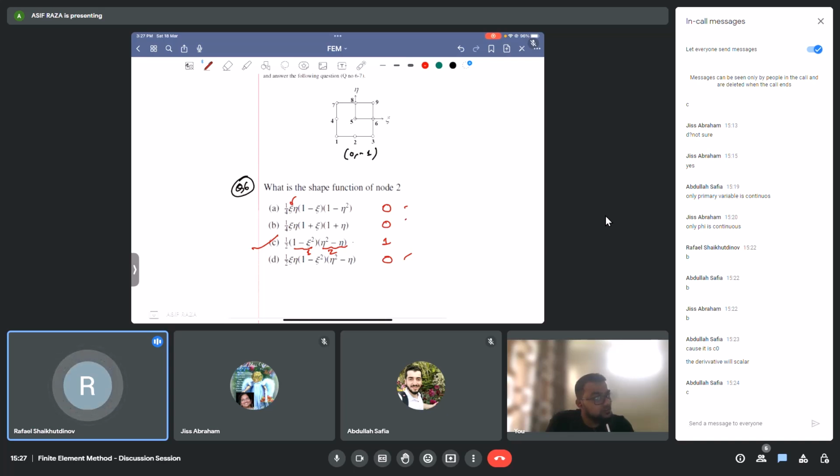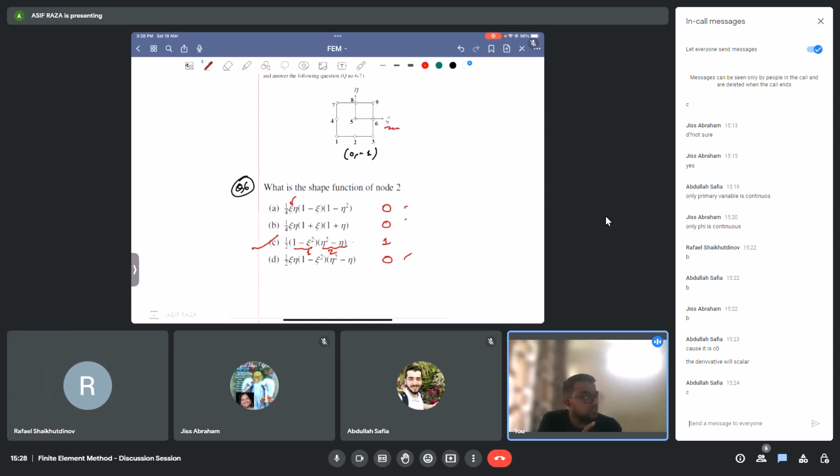So in our function we should have 1 minus xi and 1 plus xi equal to 0. So it gives our 1 minus xi squared term in our shape function. After that, we are noticing that eta is equal to 0.